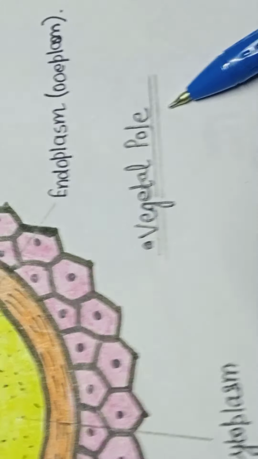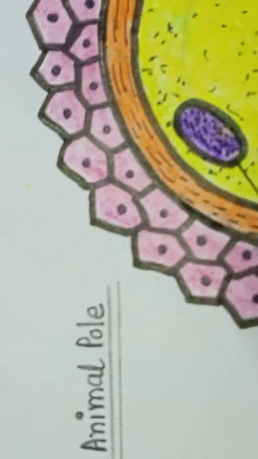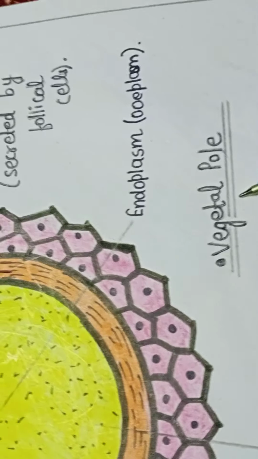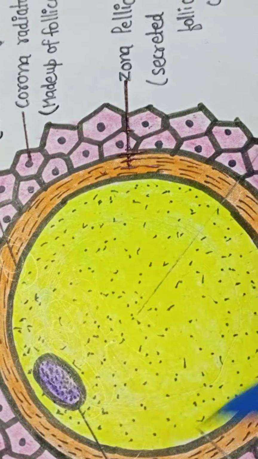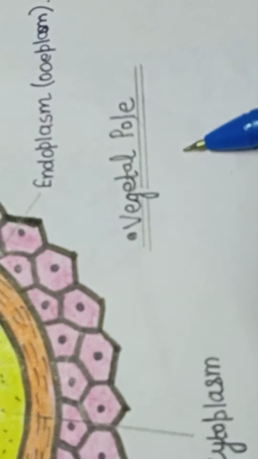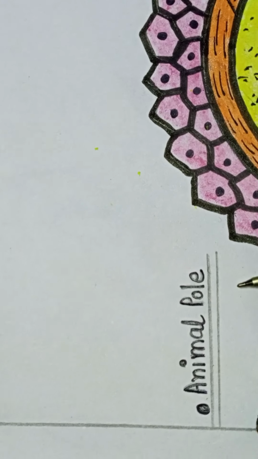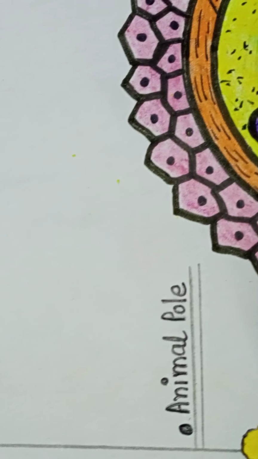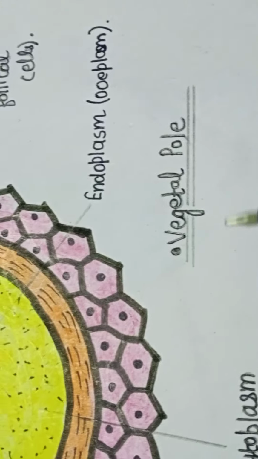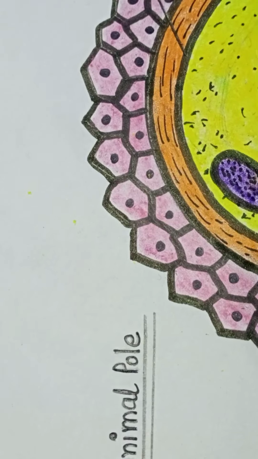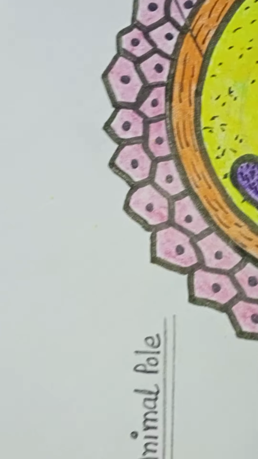Next, the vegetal pole and animal pole. Most of the yolk is present in the vegetal pole, and the animal pole is opposite the vegetal pole, and the nucleus is near the animal pole.